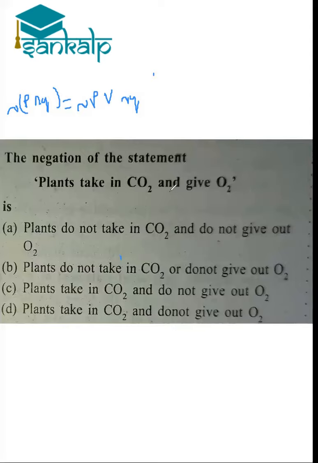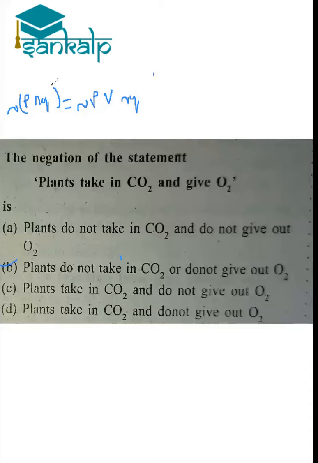Here and will get replaced by or. Out of the given options, option B is the right answer.